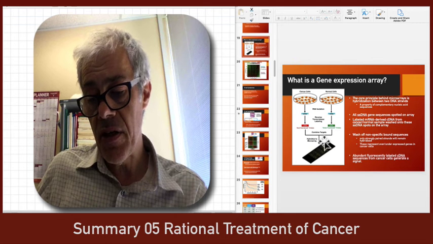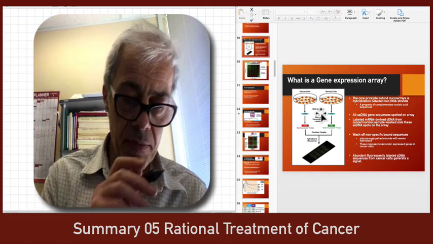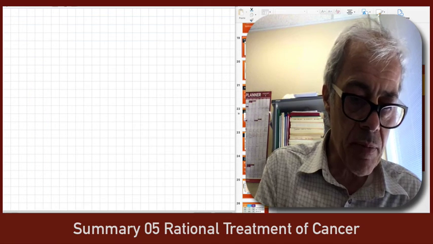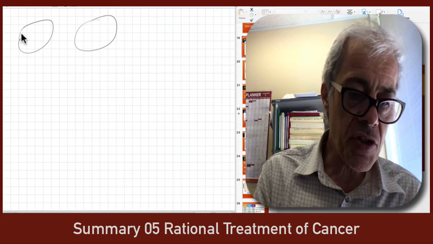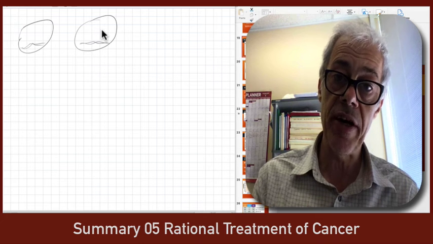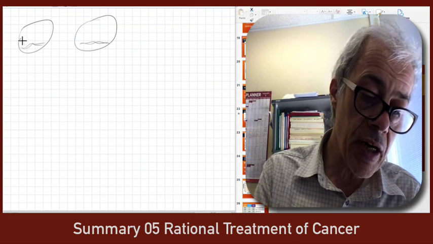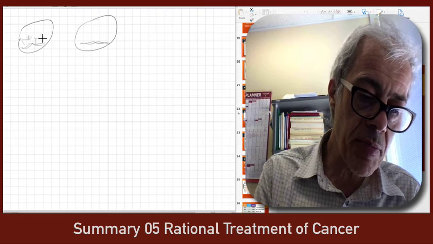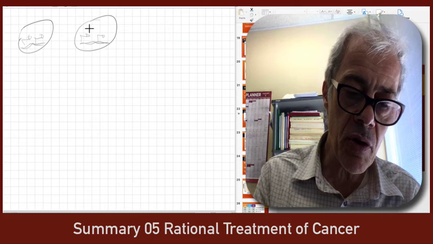I don't want to get too much into the technique, but what's going on here is that you've got 2 cells, and within those cells you've got gene expression occurring, and that's what microarrays are measuring. They're a measure of gene expression. So you're looking not at the genome content, but at what genes are activated. So we're looking for messenger RNAs.